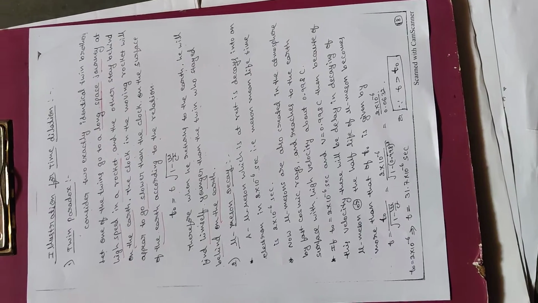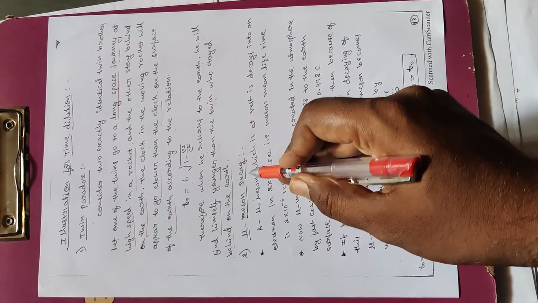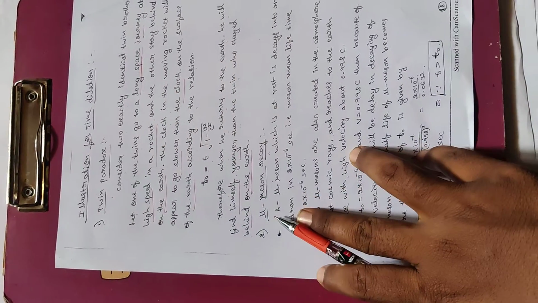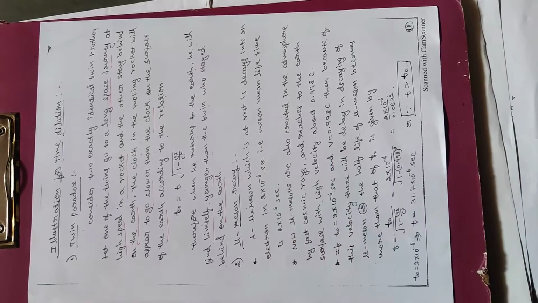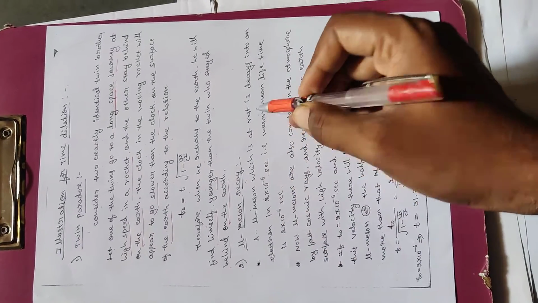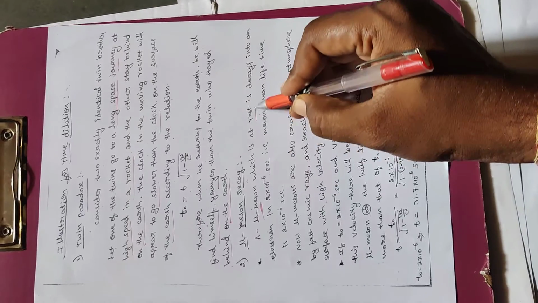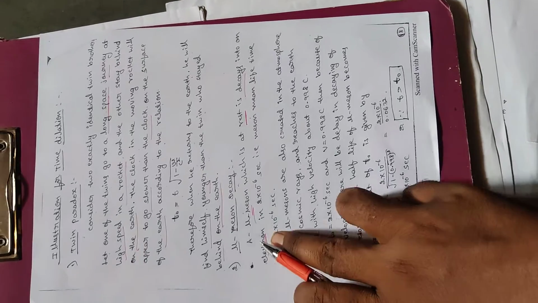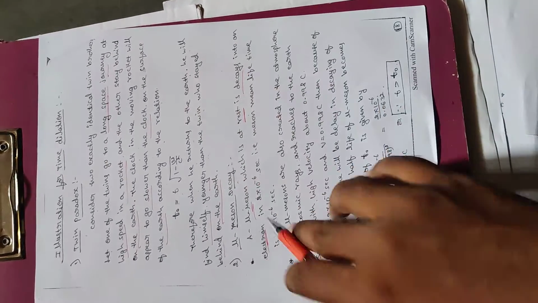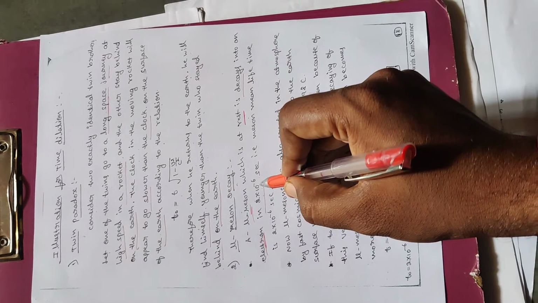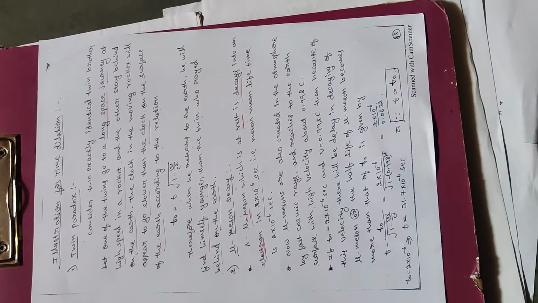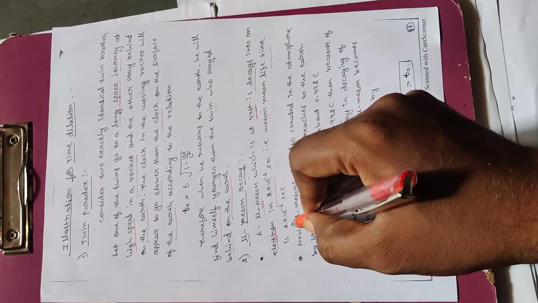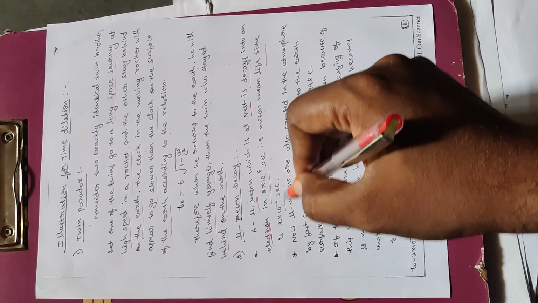The second illustration is mu meson decay. A mu meson at rest decays into an electron in 2 into 10 to the power of minus 6 seconds. That is, the meson's mean lifetime is 2 into 10 raised to minus 6 seconds.